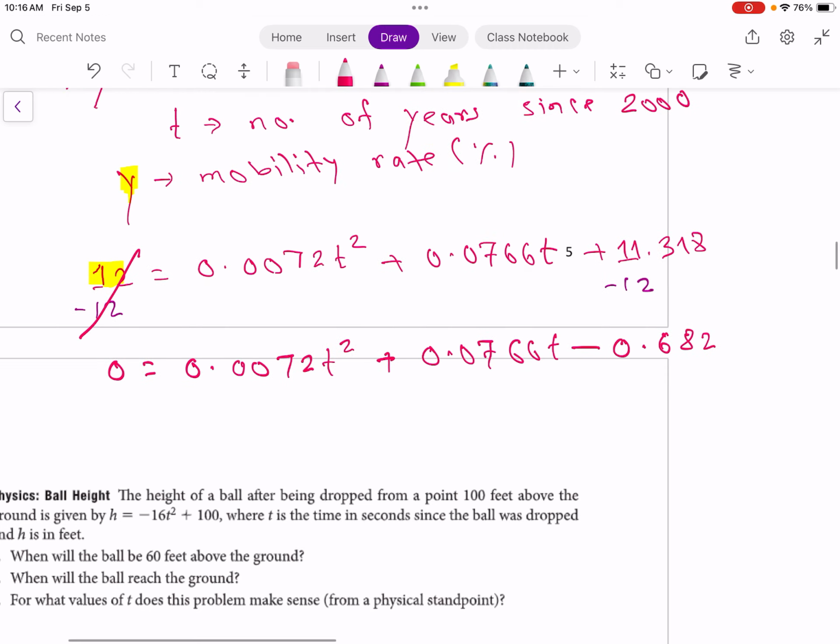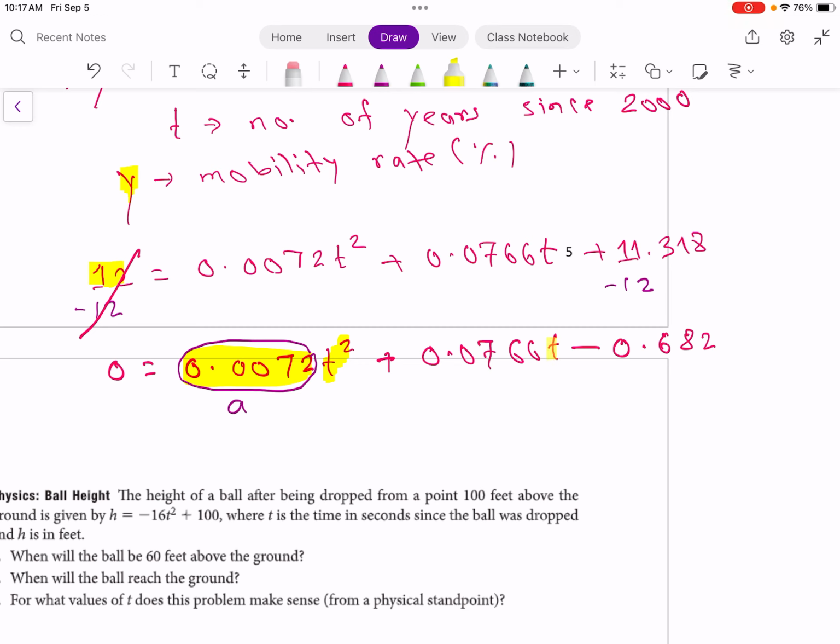Okay, now we want to find what are a, b, and c, right? To use the quadratic formula, we should know a, b, c. What is our a? a is the coefficient of the t square term. So this number is a, our a is 0.0072. Now we find b. b is the coefficient of the variable with power 1.